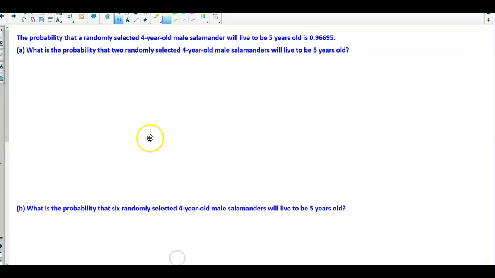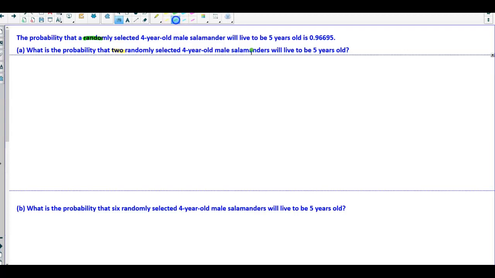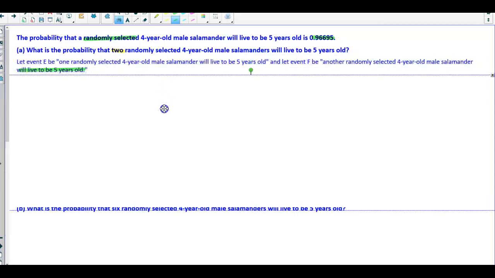Let's take a look at the question here. Okay, so we're looking for the probability that 2 randomly selected 4-year-old male salamanders will live to be 5 years old. Now, what is the probability of selecting 1? Well, the probability of selecting 1 is 0.96695. So, we're going to let event E be 1 randomly selected 4-year-old male salamander that is going to live to be 5 years old.